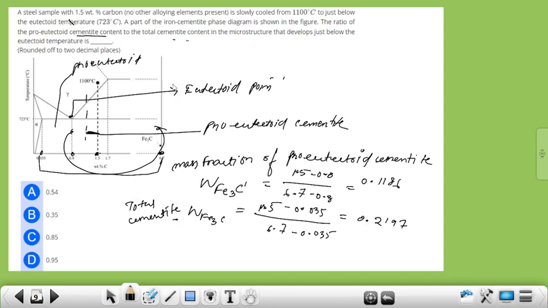So we are given the ratio of proeutectoid cementite content to total cementite. That means WFe3C dash divided by WFe3C, which is equal to 0.1186 divided by 0.2197, which is equal to 0.54. So option A is the correct answer.